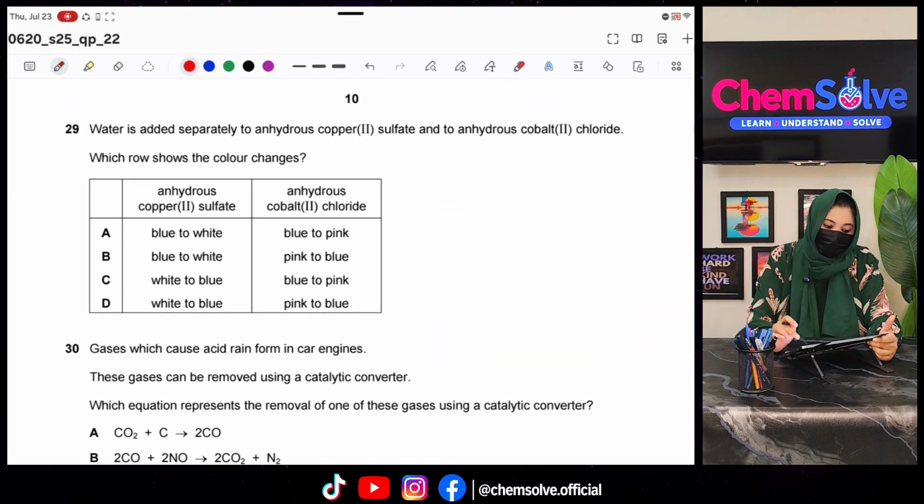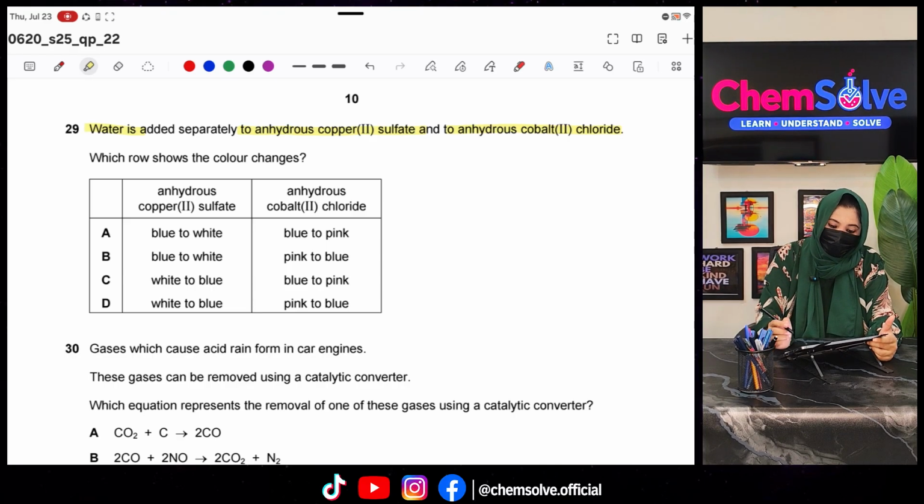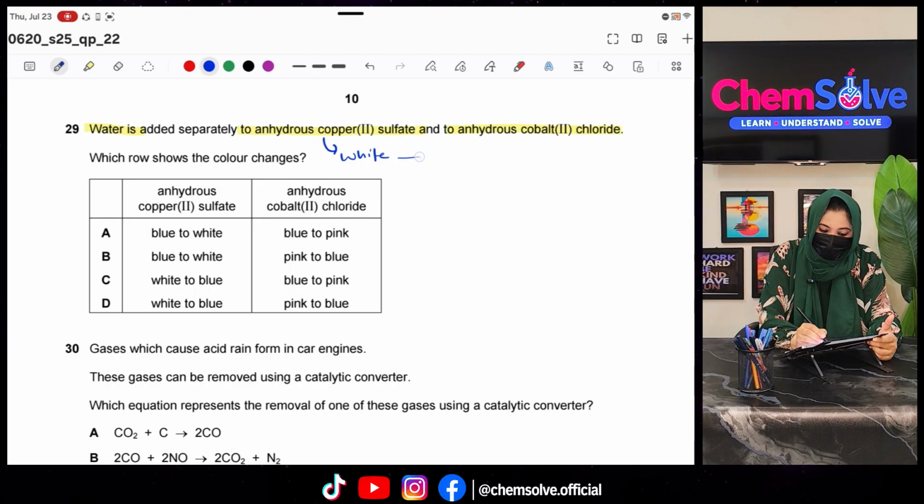Okay, so question number 29. Water is added separately to anhydrous copper(II) sulfate and anhydrous cobalt(II) chloride. Okay, so what happens? It's a fact: anhydrous copper sulfate is white, and when water is added to it, it turns blue.